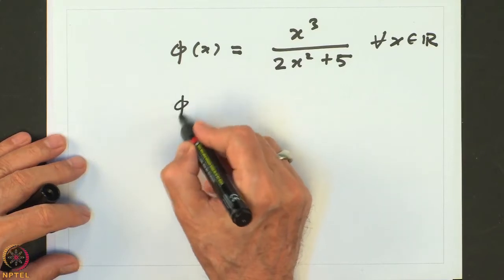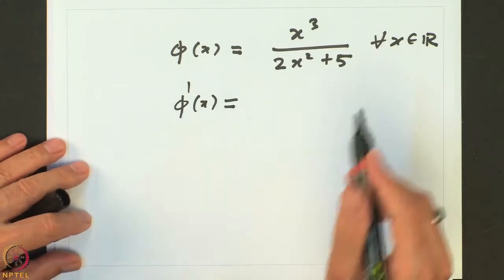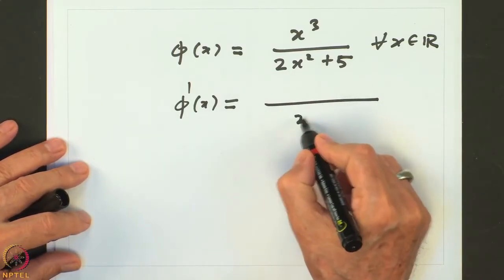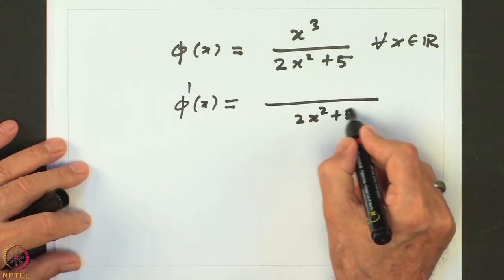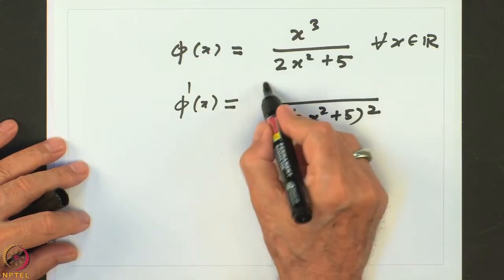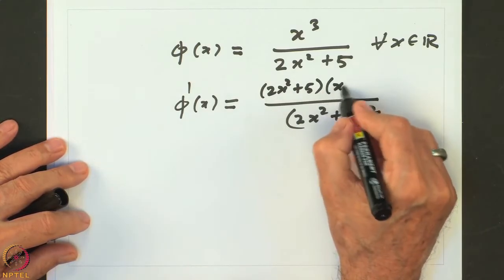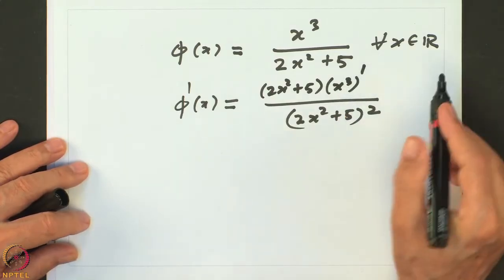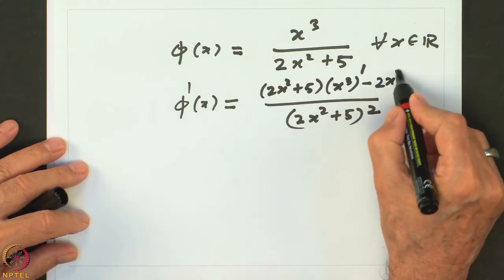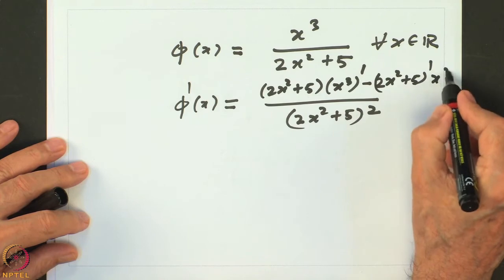So, we can look at what is the derivative of phi of x. Remember, this is a denominator. So, first the first thing that appears is 2x square plus 5 whole square, and now the same function goes up. So, it is 2x square plus 5 into the derivative of x cube. That is the first term, minus the derivative of 2x square plus 5 into x cube.